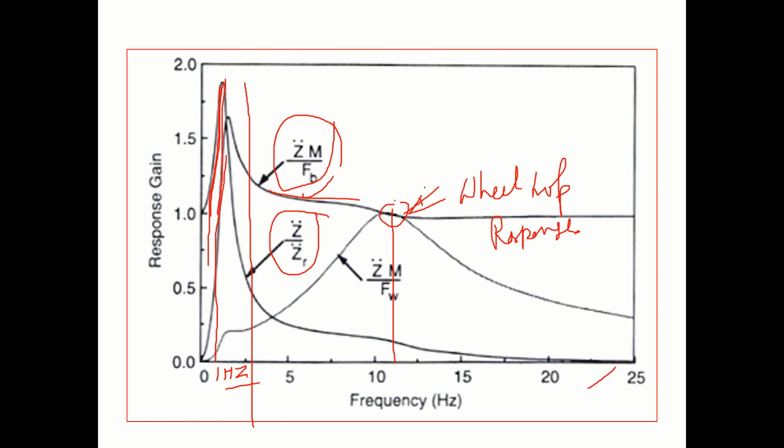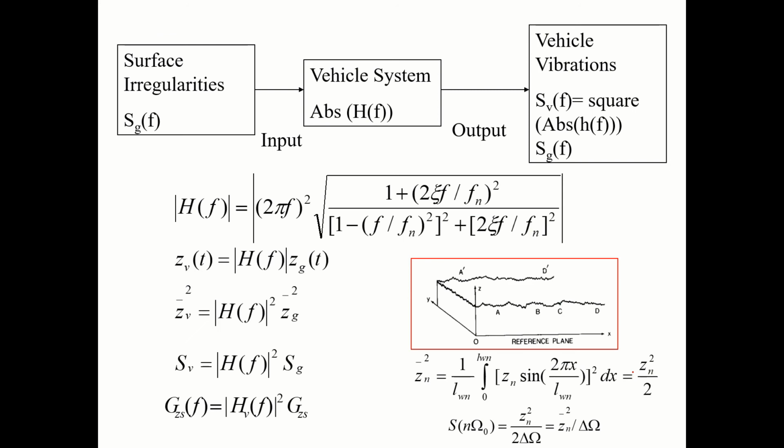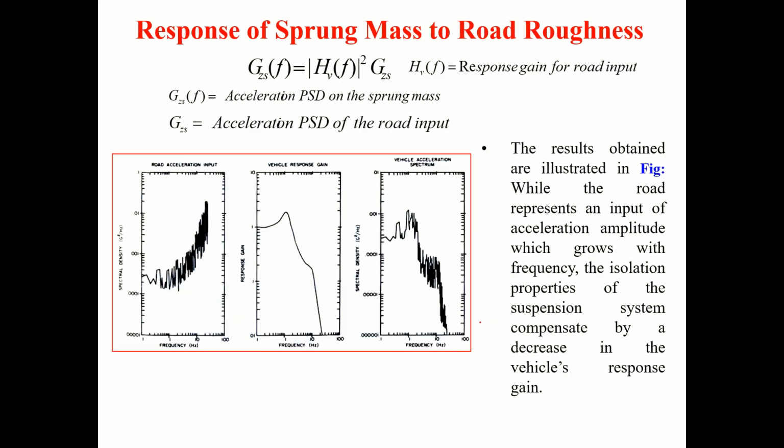Correct. Only wheel hop resonance acts at a 13 Hertz frequency. Otherwise, as you increase the speed, the response gain will be very, very small, and the occupant will start getting more and more comfort as we increase the speed of the vehicle. Okay, that's what the meaning is.